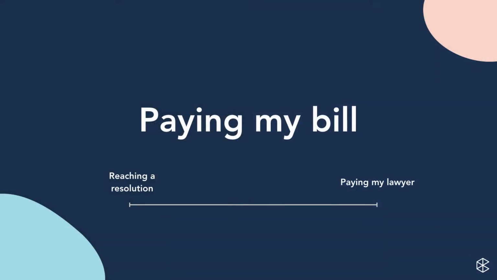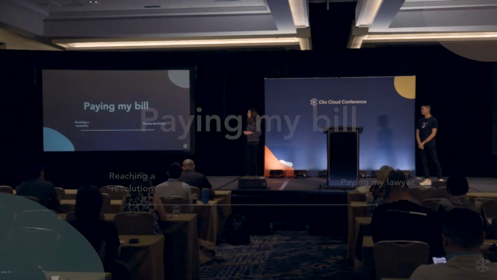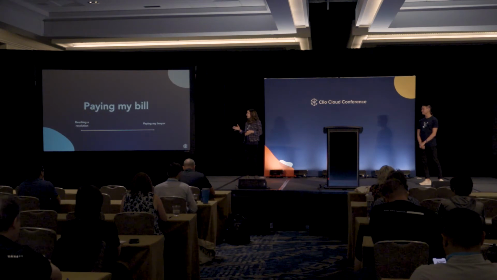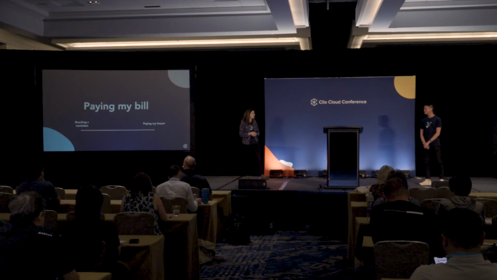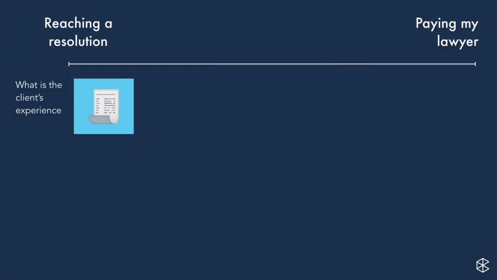So let's move to the third and final pain point that's super common for clients. It's paying the bill. A lot of times, clients have problems after reaching a resolution, and that's paying the lawyer. So after a resolution has been reached, everything is great. Now comes the bill.